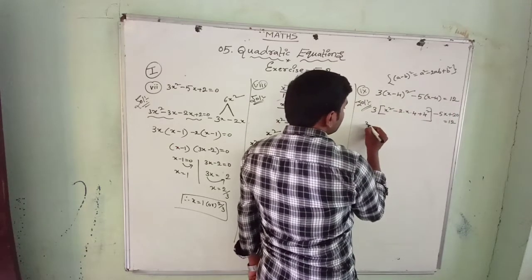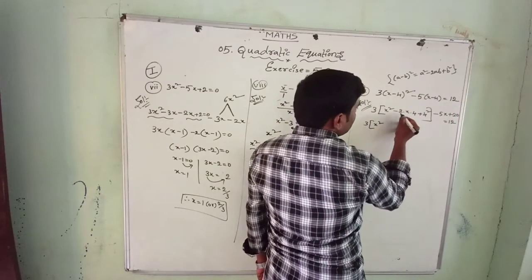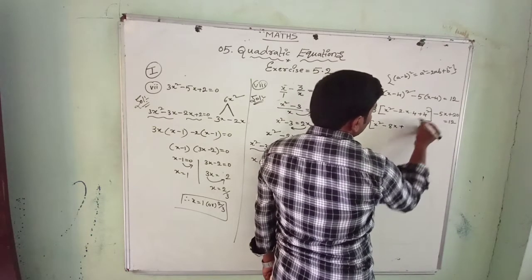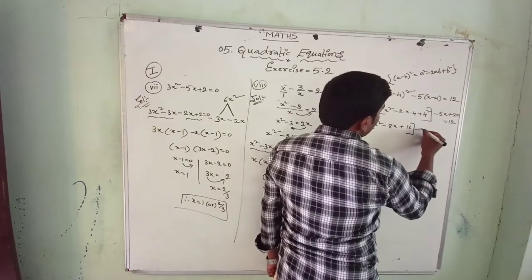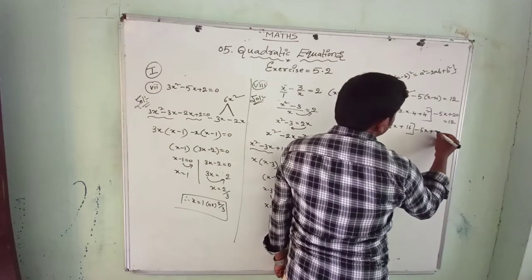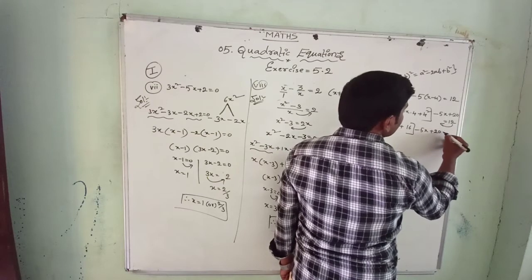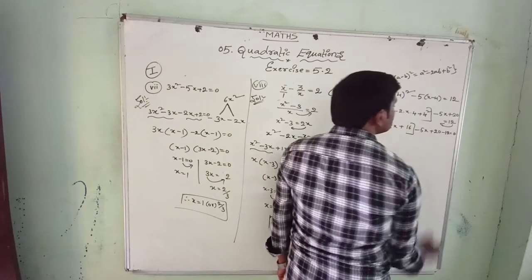So here 3 into x square minus 2 4s are 8 into x plus 4 square is 16, minus 5x plus 20. Okay, this minus 12 also will bring this side, plus 12 will bring this side, that minus 12 equal to 0.